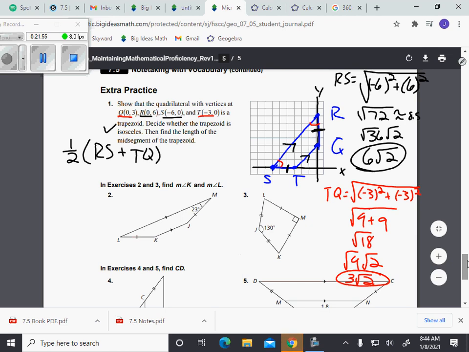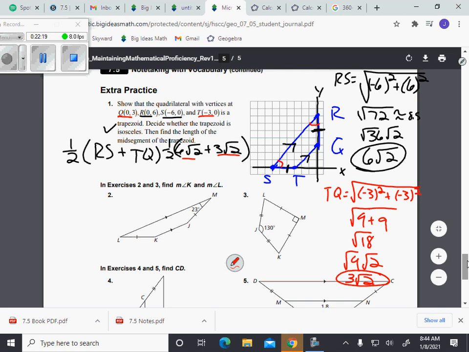To find the length of our mid segment, we have 6 square root of 2 plus 3 square root of 2, multiplied by 1/2. These are like terms.